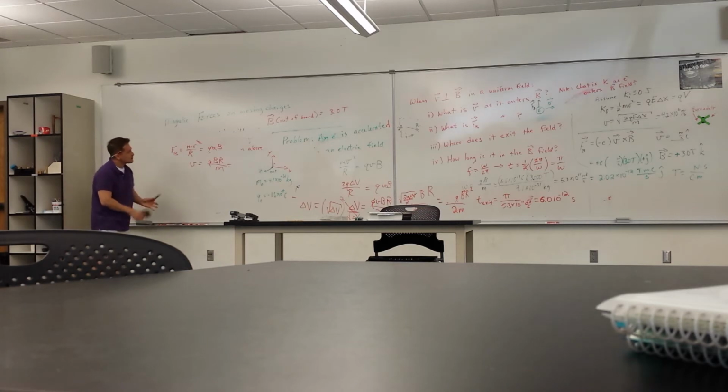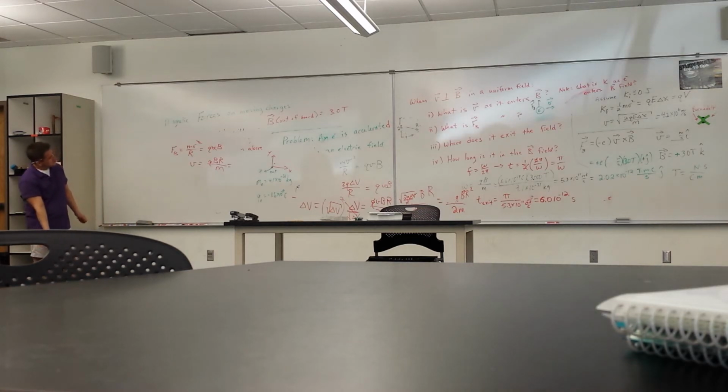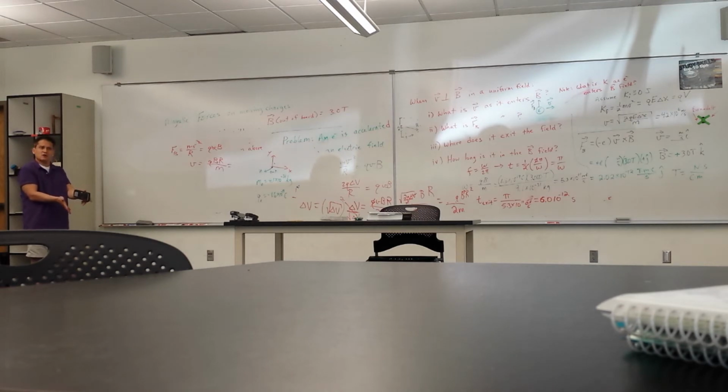So those numbers don't work. You should be able to use 3 Tesla, the Tesla must just be way too high. You're right. Well, is it the Tesla that's way too high, or is it this R that we're trying to create? No, they actually use devices where you take like 0.05 centimeters.